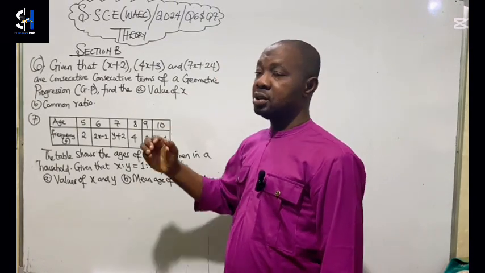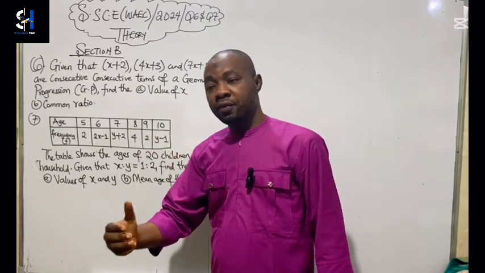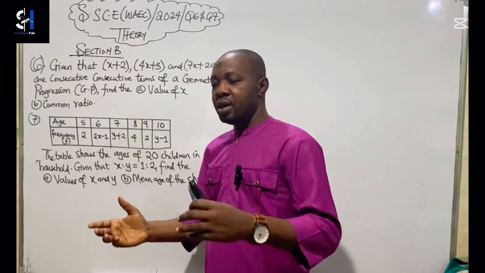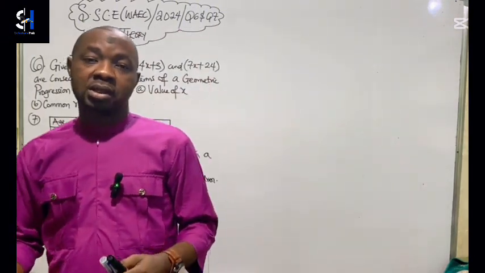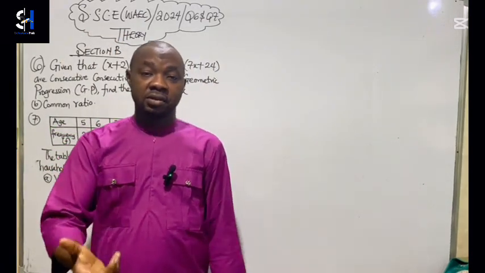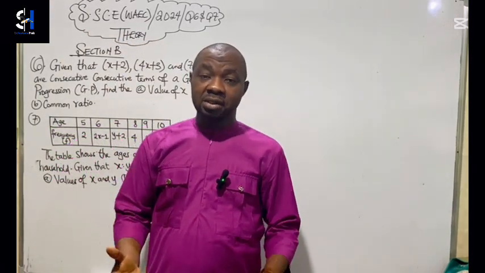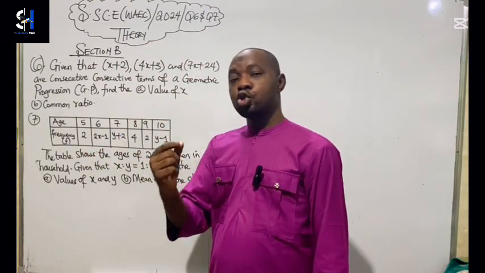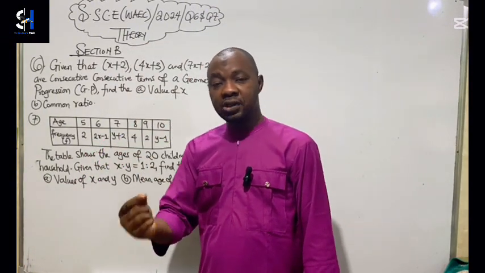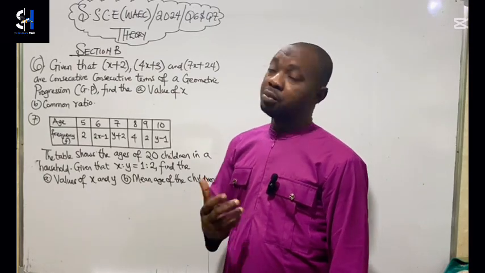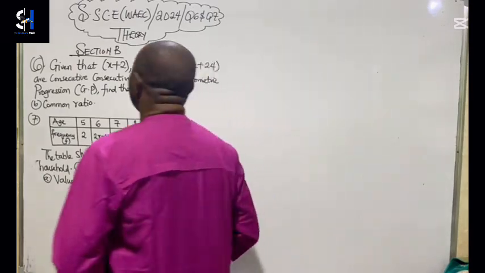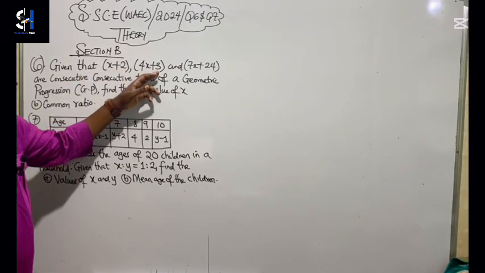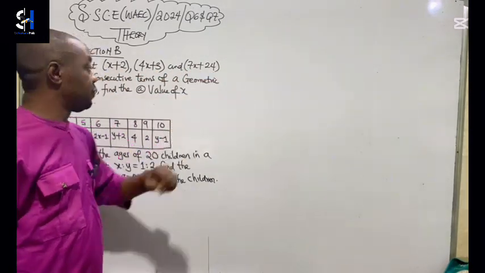Geometric progression is a sequence of numbers where each term after the first term can be determined by multiplying the previous term by a constant, non-zero fixed number called the common ratio.